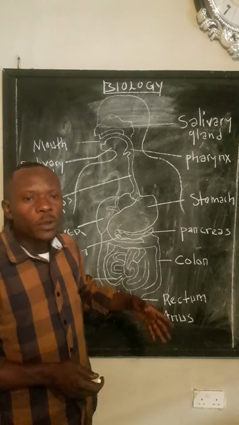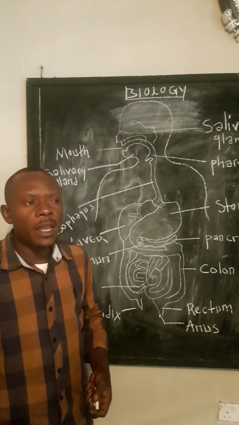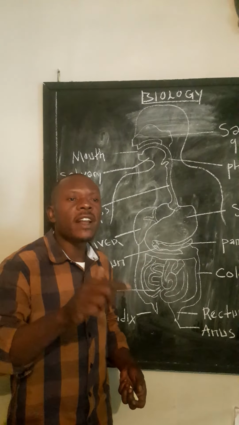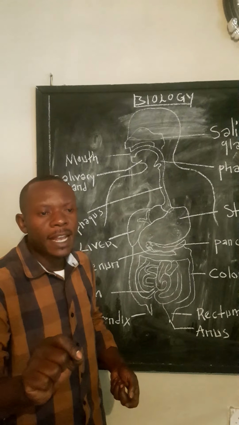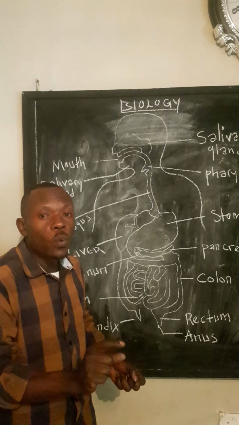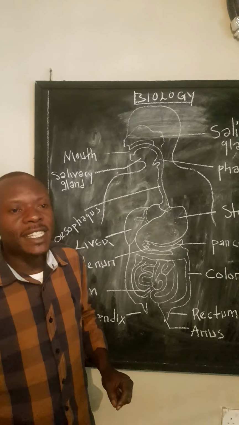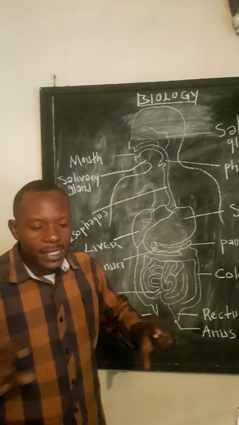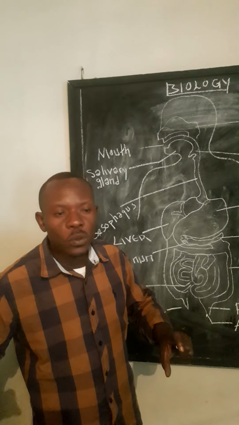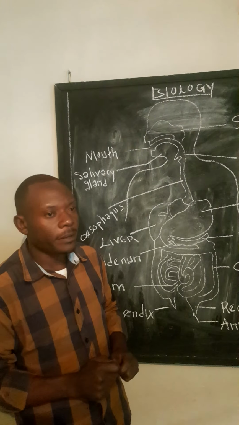One example is the breaking down of starch to maltose by an enzyme called salivary amylase or amylase enzyme. So amylase enzyme will break down starch, which is a polysaccharide, to maltose, which is a disaccharide. This breaking down of starch to maltose is the chemical aspect of digestion.